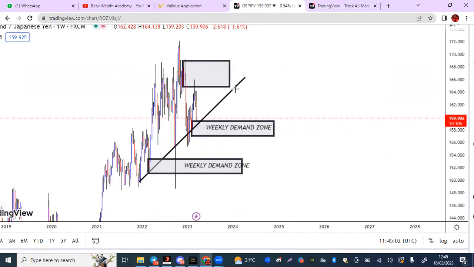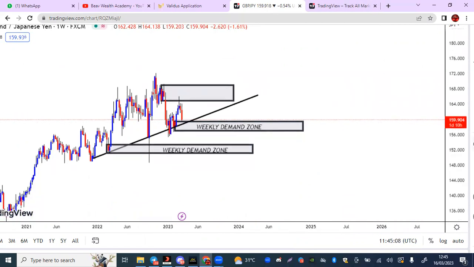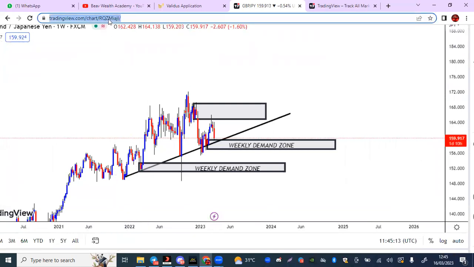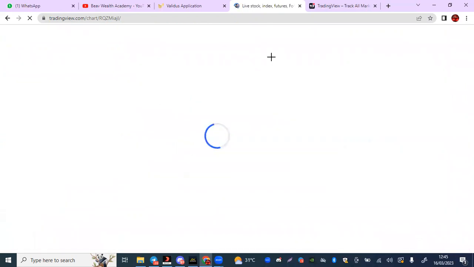Something is wrong with my screen. Just a minute. Let me refresh this. Come on, reload.